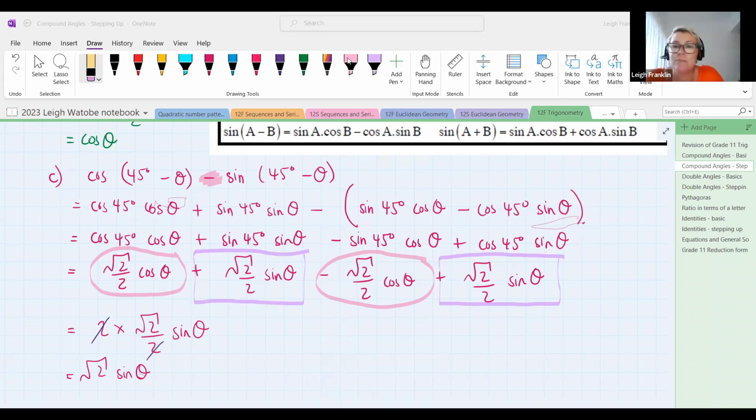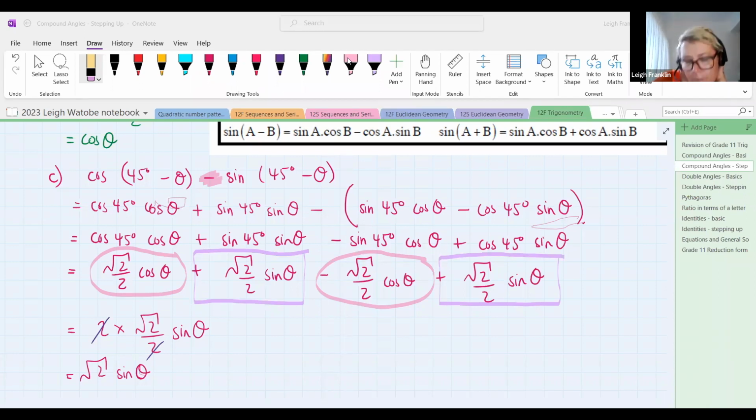Hi, ma'am, instead of multiplying the root 2 divided by 2 sine theta, I just added them and I got the same answer. Is that fine? I didn't hear what you had said. Just say that again, please.